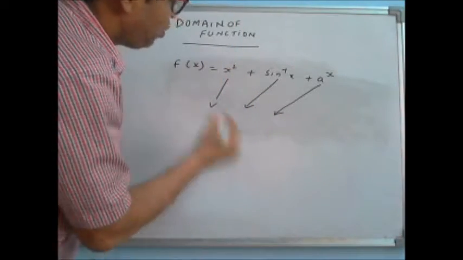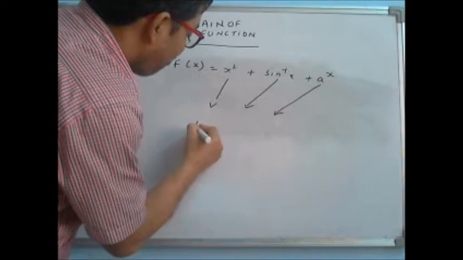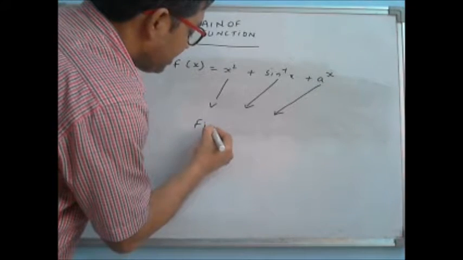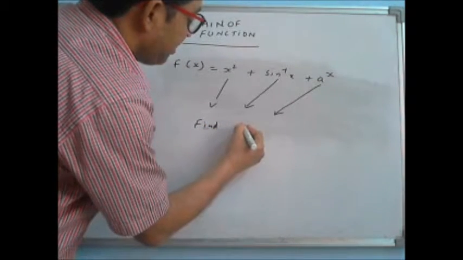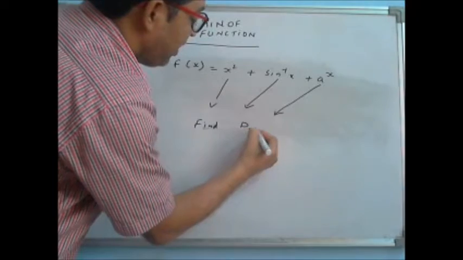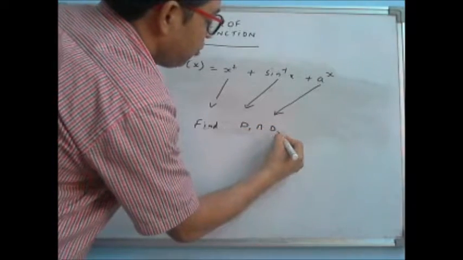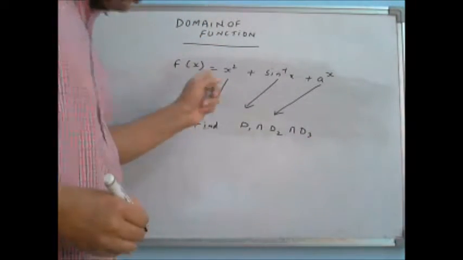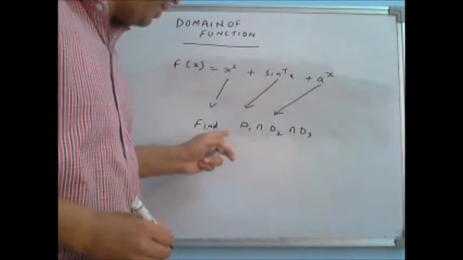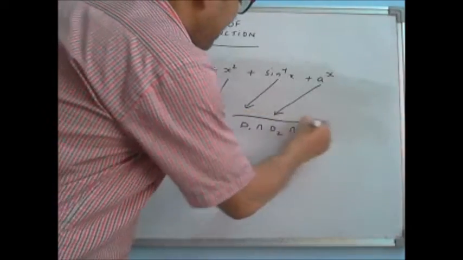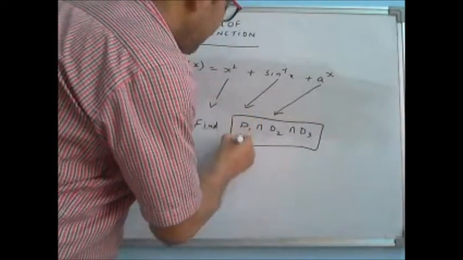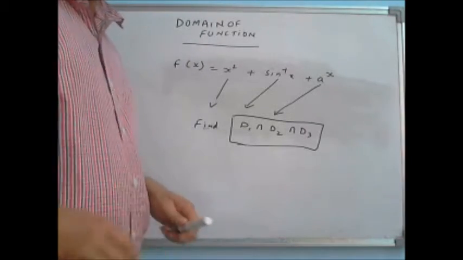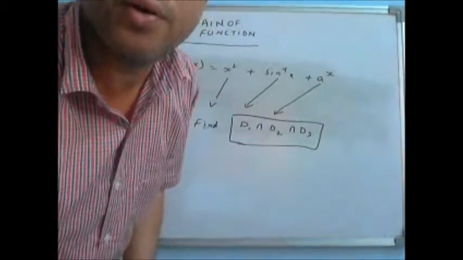You find their domains individually and then find the intersection of their domains. Suppose the domain of the first function is D1, that of the second is D2, that of the third is D3. You get the domains of the individual functions, then find their intersection. You will get the domain of the resultant function. Hope so, this knowledge is enough for finding the domain of a function.